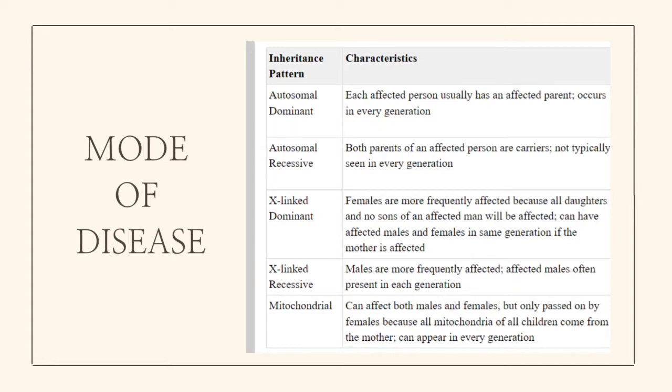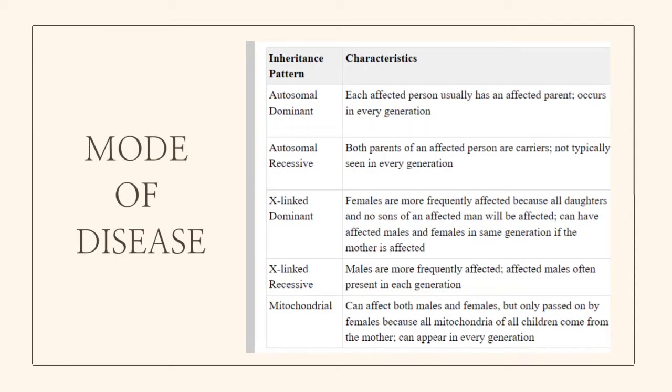Okay? So, next, let's have mitochondrial. Mitochondrial is additional information, since this was not included in our module. Okay? In mitochondrial, it can affect both males and females but is only passed on by females, because all mitochondria of all children come from the mother.